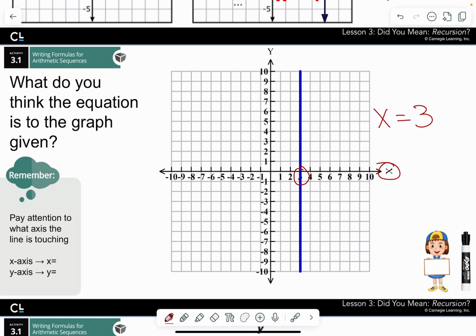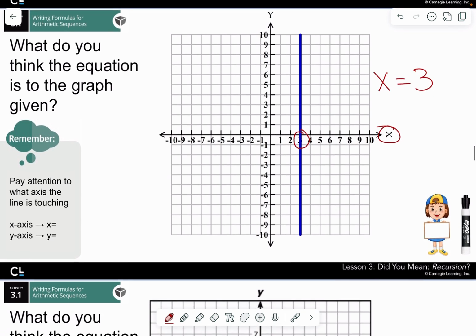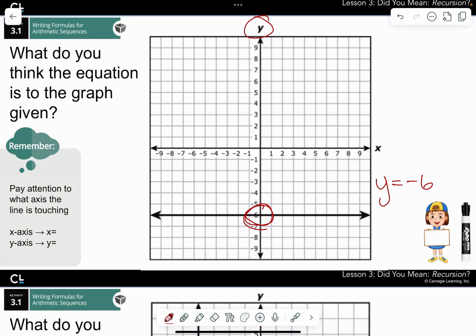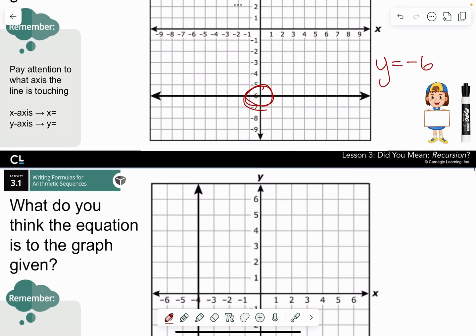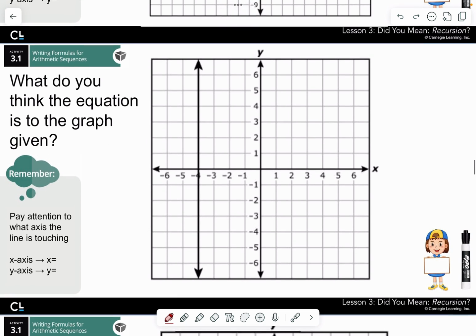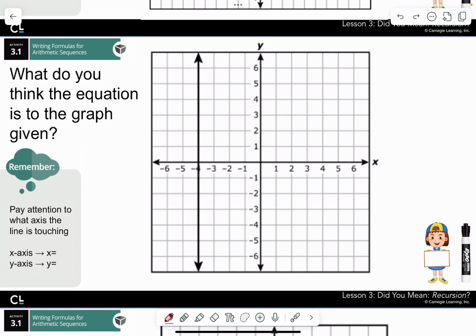This is going to help us in a little bit for writing equations, okay? My next one is touching the y-axis at negative 6, so my equation is y equals negative 6. You can also pay attention right here, I gave you little hints. For this one, go ahead and try it. Is it touching the x-axis or the y-axis? The x-axis at negative 4. We're done.